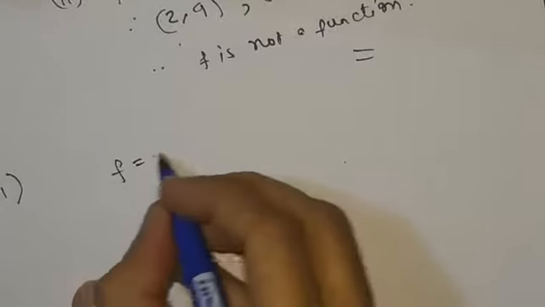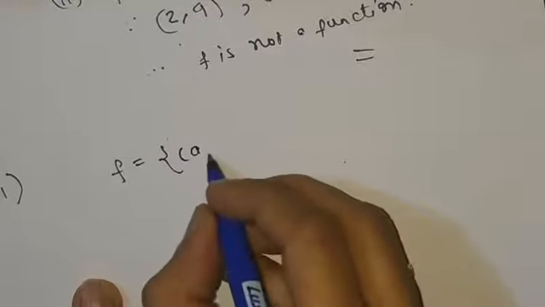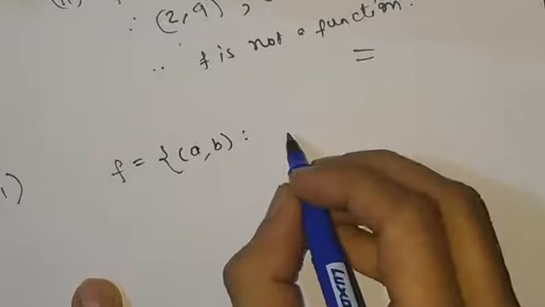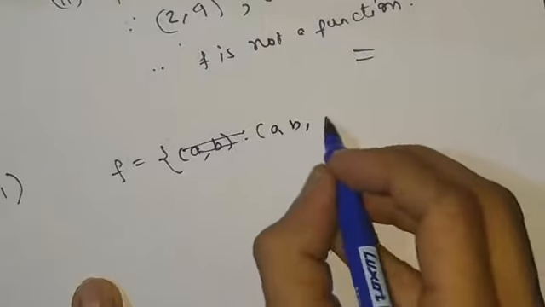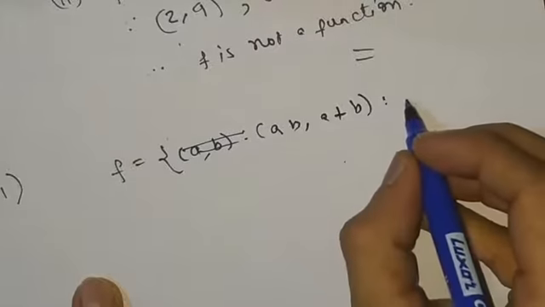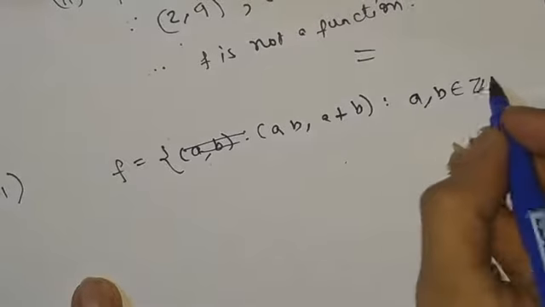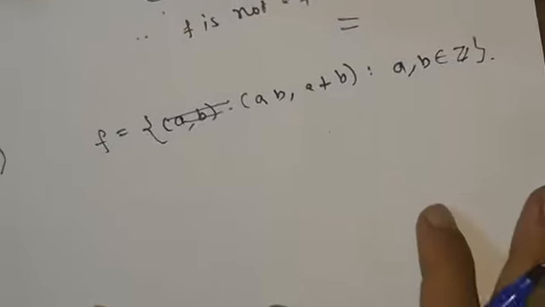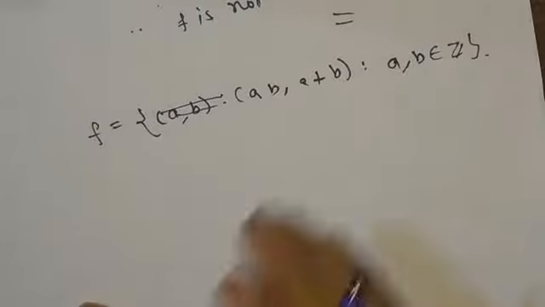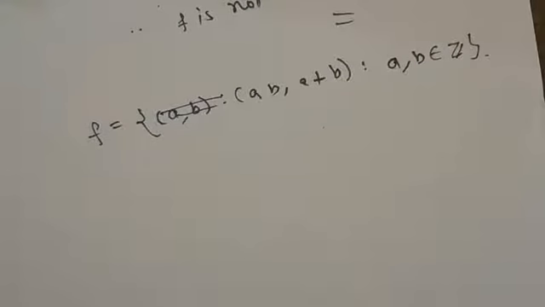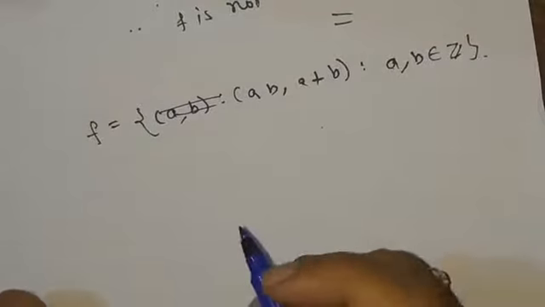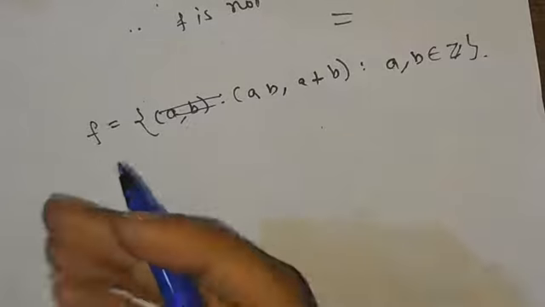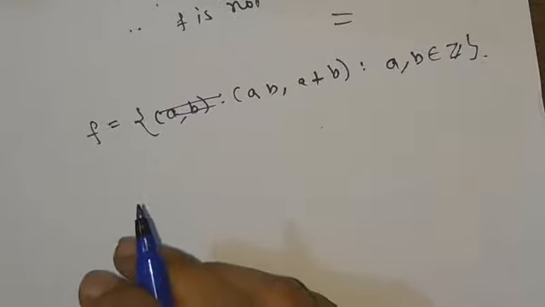You are given the set F equal to (ab, a plus b) such that a, b belong to the set of integers. We have to check whether the set F is a function. How to check whether a set or a relation is a function?